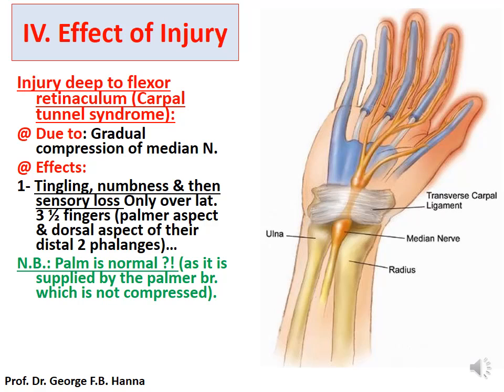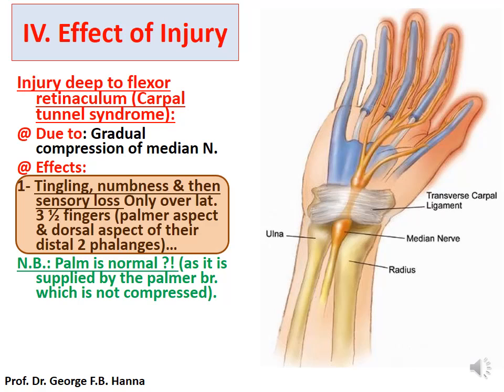Number one, tingling and numbness, and then sensory loss over the lateral 3.5 fingers, palmar aspect as well as the dorsal aspect of their distal two phalanges, which are going to be colored brown like the fingers on the right side in the diagram.